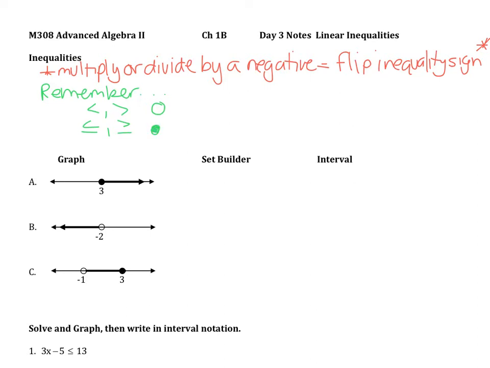Well, now we're going to start talking about a different type of notation where less than and greater than is going to use parentheses, and when it's or equal to, you're going to actually use square brackets. With that, the negative infinity sign and positive infinity sign always get parentheses.